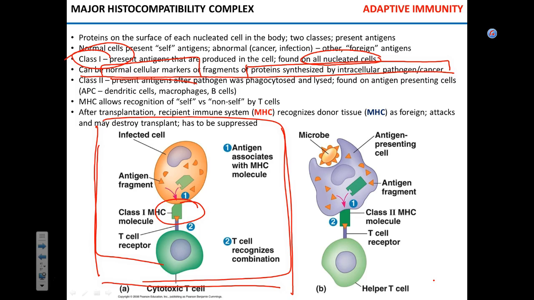Now, class 2 MHC protein, class 2 MHC is present on so-called antigen presenting cells. Now, before we move on to how it is presented, antigen presenting cells, okay? It is a simple question, it contains the answer. What do antigen presenting cells do? Exactly, they present the antigen.